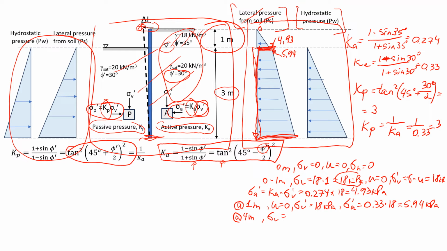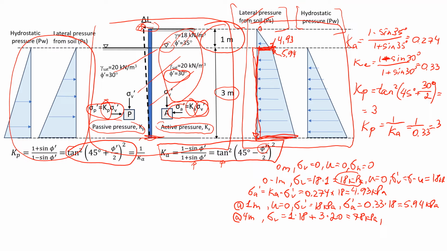We have stress that comes from the top layer of 1 meter, and then an additional 3 meters of the second layer with the unit weight of 20. That will give us the total vertical stress at 4 meters equals 78 kPa.